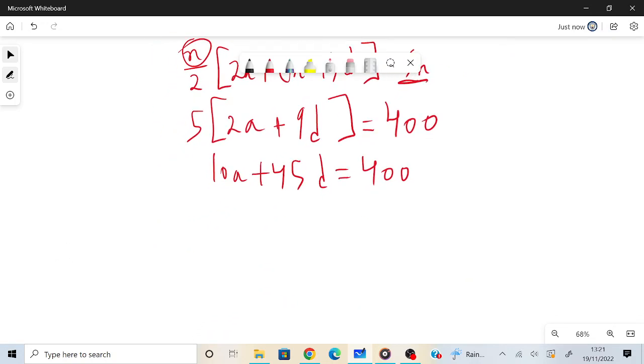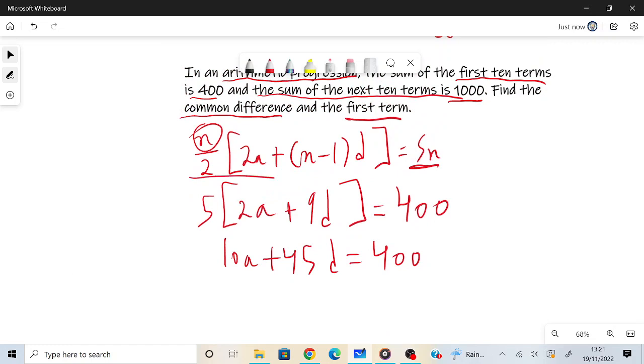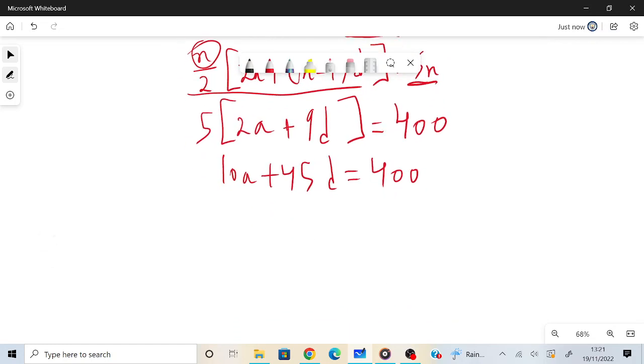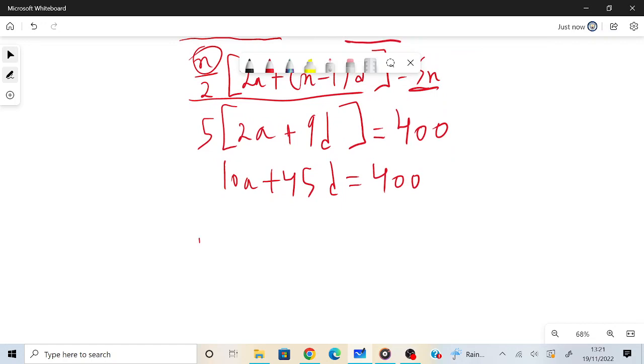So again, n over 2, the same formula we'll use, but this time instead of n being 10, our n will be 20. So 20 over 2, that gives you 10 into 2a plus n minus 1 d. Our n is 20, so 20 minus 1, that's 19, d equals 1400.